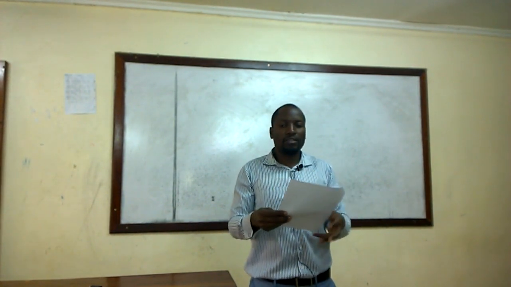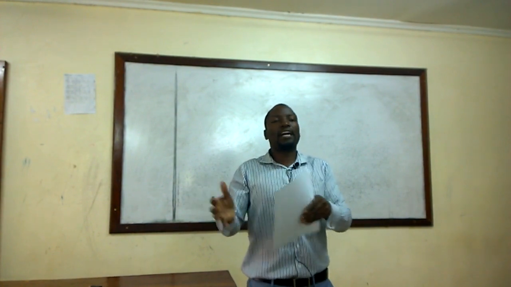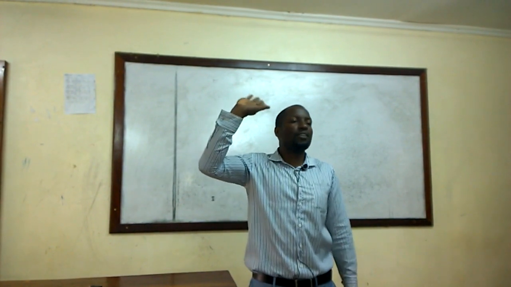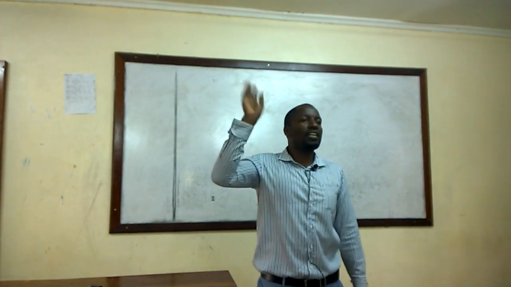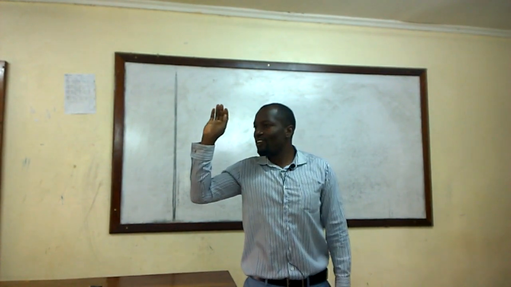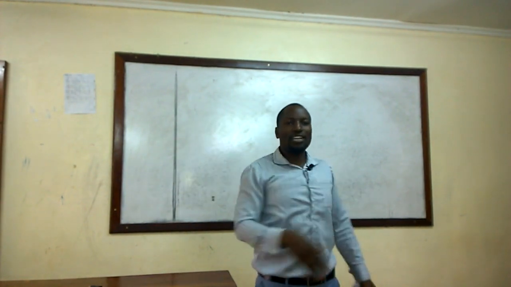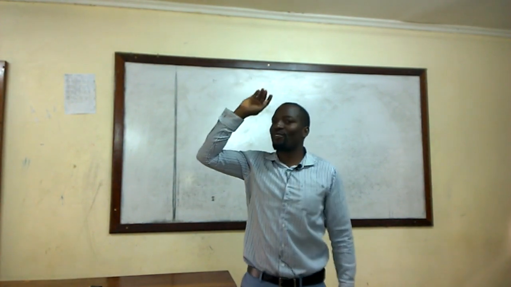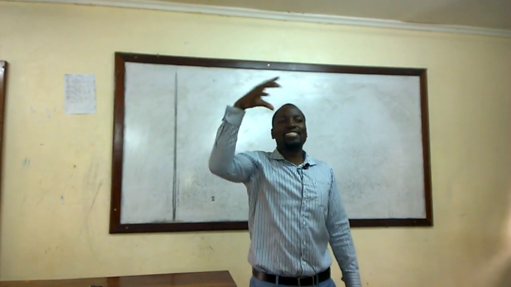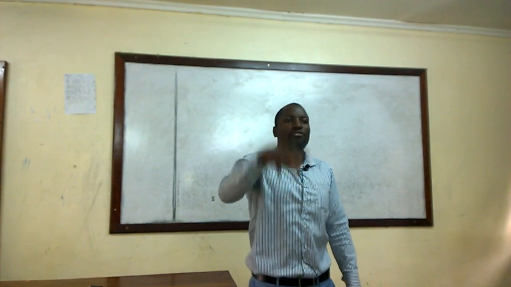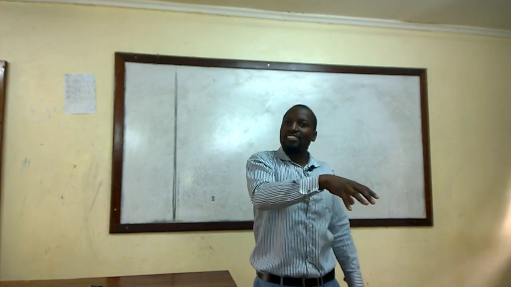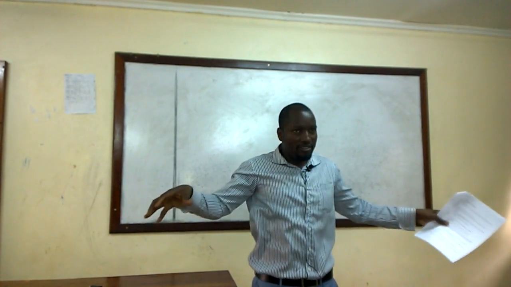What do I mean? Mtu anaweza support ama akatae. So unaona kwa darasa mnatoa maoni, si ndio? Alafu mwingine anasema mimi naona kama tusifanye hivyo. Si ndio? Mimi naonelea tufanye hivi. Na kuna wengine wanainama wanasema tunamuunga mkono, si ndio? So in discussing, one can be for it, against it, or both. Tumeelewana?